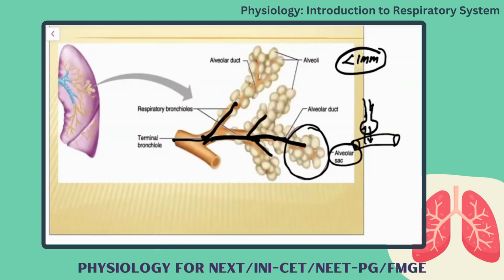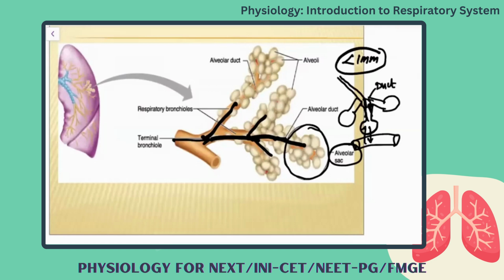And this alveoli is connected to another alveoli, and this is connected to another alveoli, and all together is connected with a bronchiole division. The structures which connect all these are called alveolar ducts.